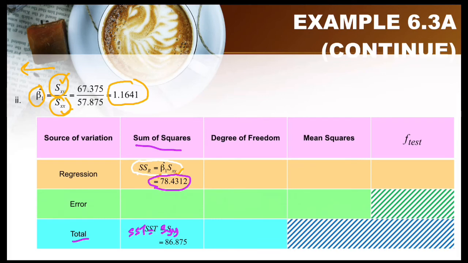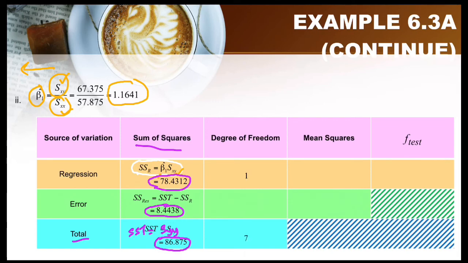Okay, how to get the error? So SS total 86.875 minus 78.4312, you will get the SS residual here. Okay, next, degree of freedom regression is always 1.